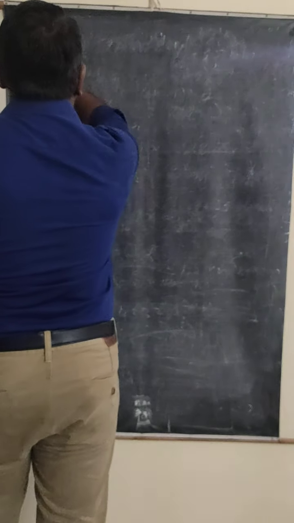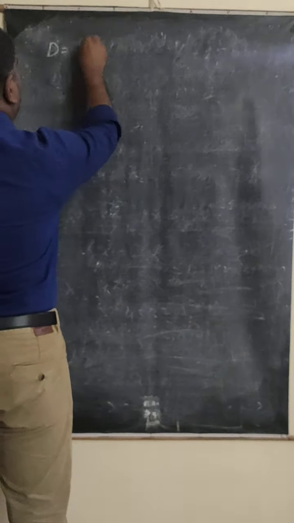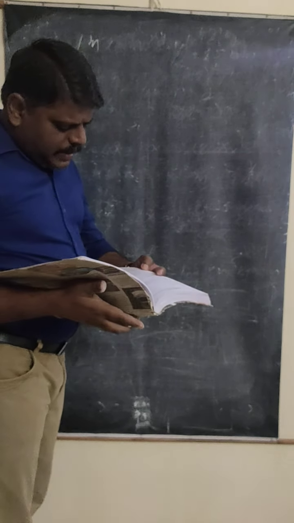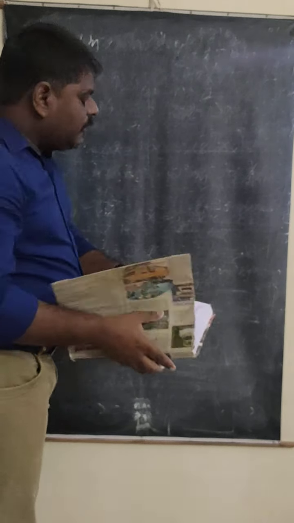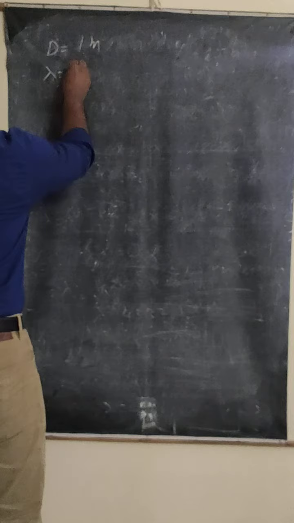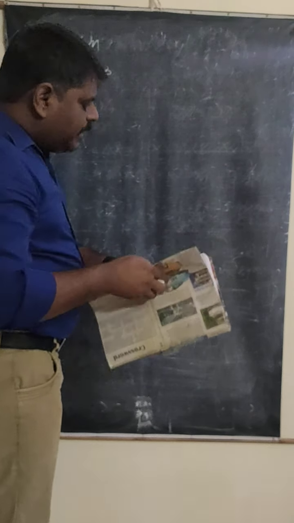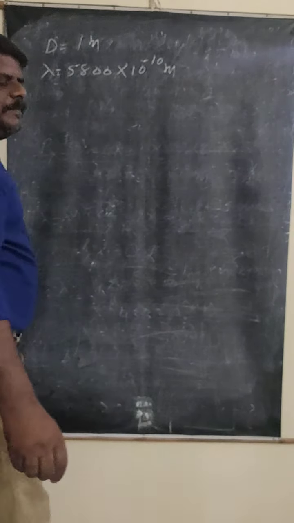So given values: first, the distance of the screen. How much is given? 1 meter, and the distance between the slits you have to find out. The wavelength lambda is given as 5800 angstrom units. Angstrom units means 10 power minus 10 meters.